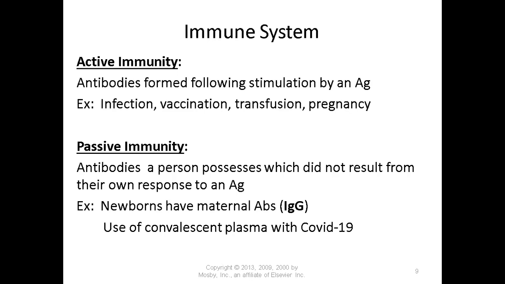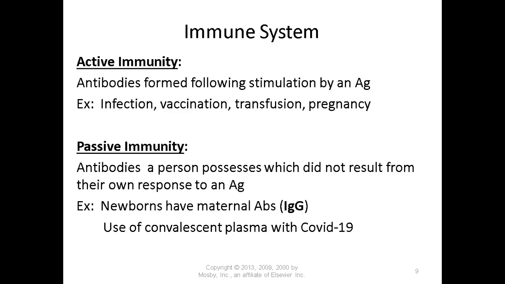So convalescent plasma can be withdrawn, taking the plasma of someone who's recovered from the infection, and then transfusing that person's plasma into someone who has an active, life-threatening COVID-19 infection. Basically, this would be passive immunity because we're giving that person who's really sick the plasma from another that contains antibodies that the donor made in response to the infection.